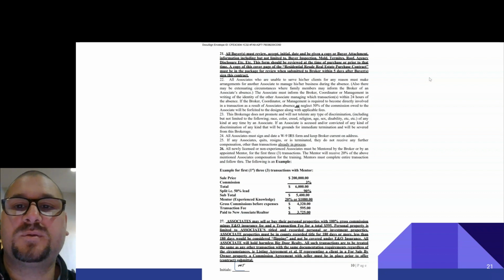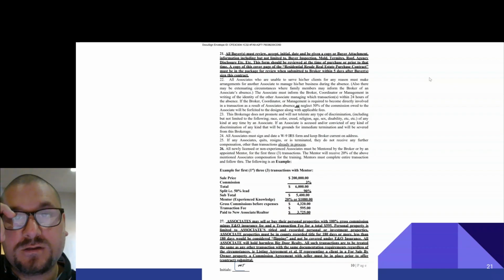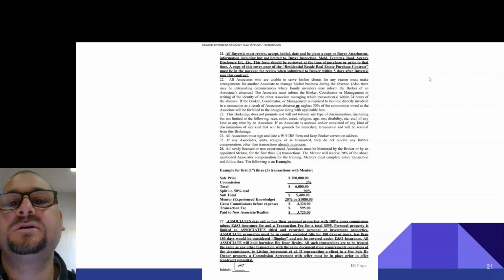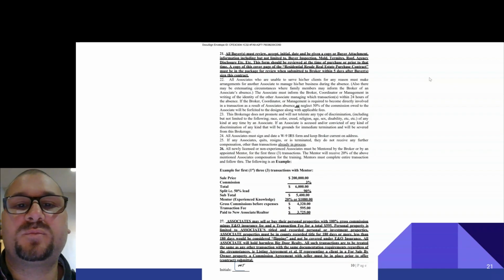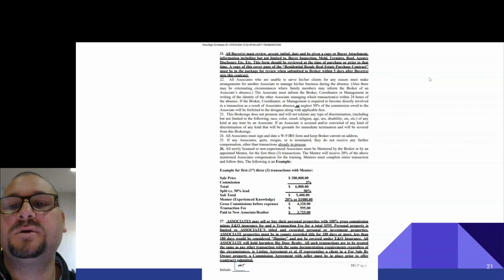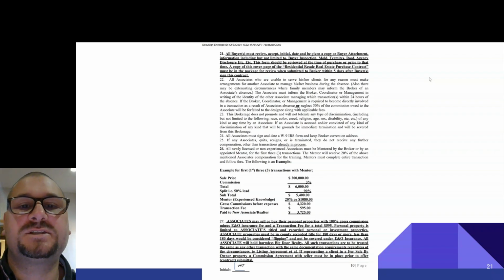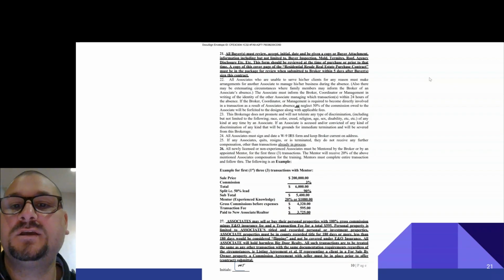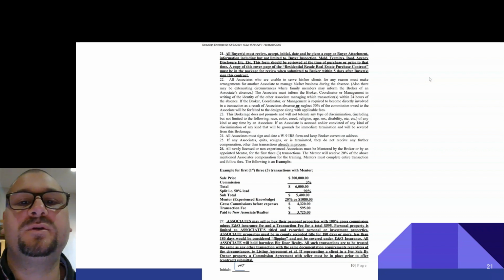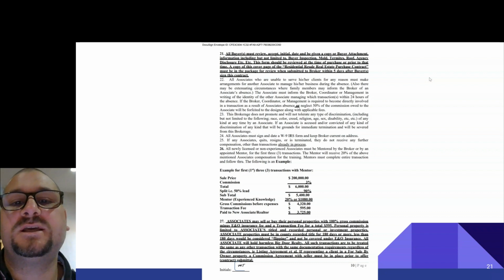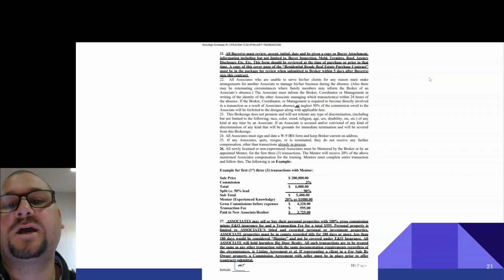The associate must inform the broker, coordinator, or management in writing of the identity of the other associate managing which transaction within 24 hours of the absence. If the broker, coordinator, or management is required to become directly involved in a transaction as a result of the associate's absence or neglect, 50% of the commission owed to the associate will be forfeited to the designee along with applicable fees.